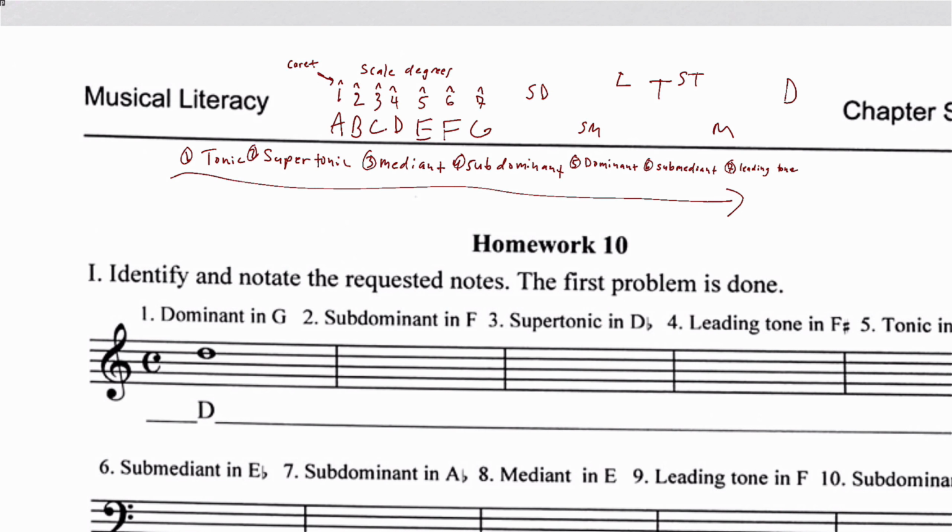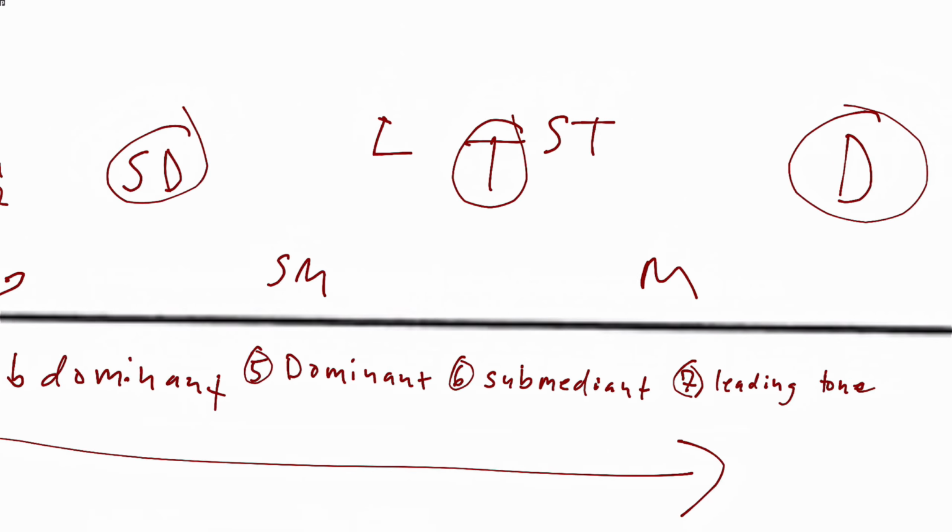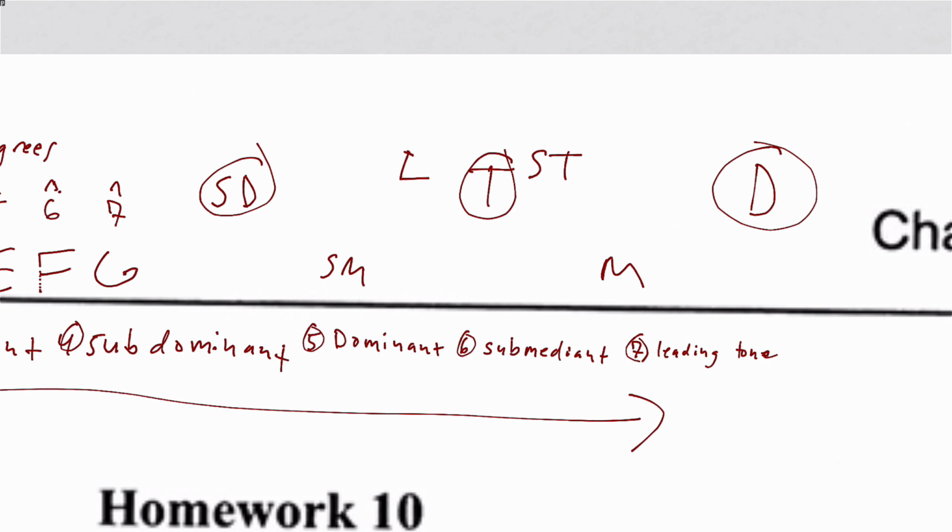So these are the main ones: the tonic and the 2 dominants.